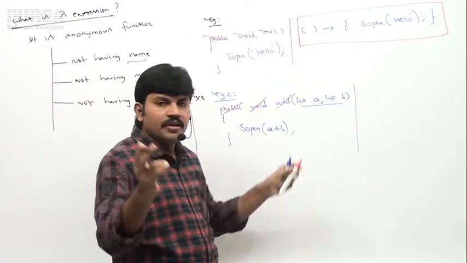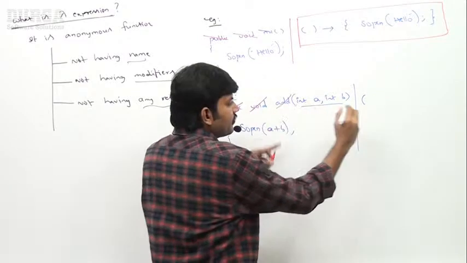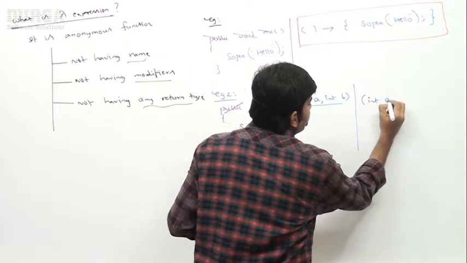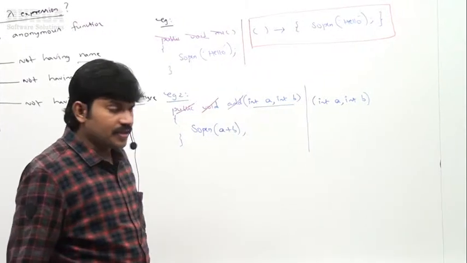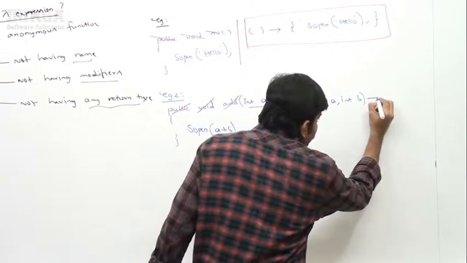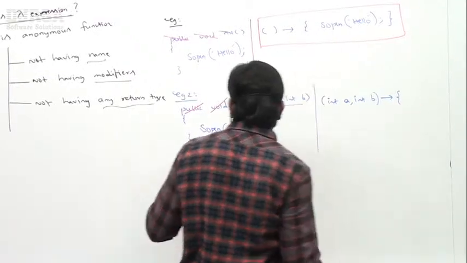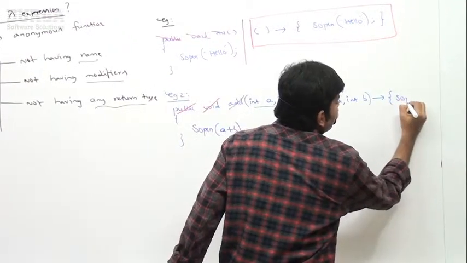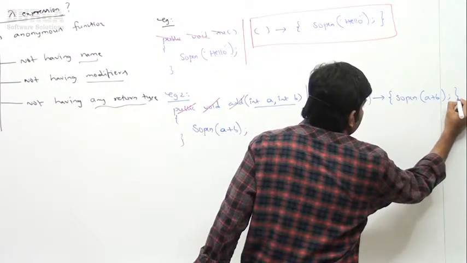How do you write it? Just bracket open, int a comma int b, then the arrow symbol, then curly brace open, System.out.println a plus b. That's all, sir.